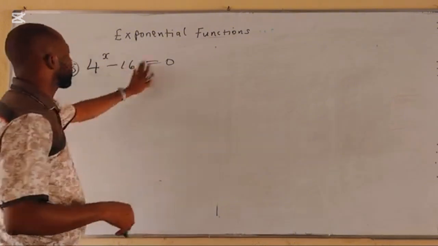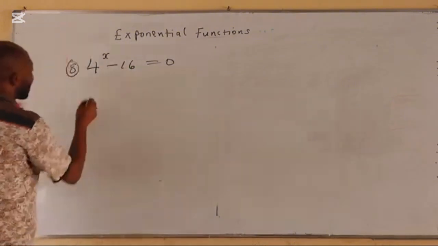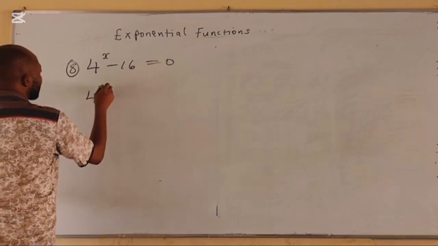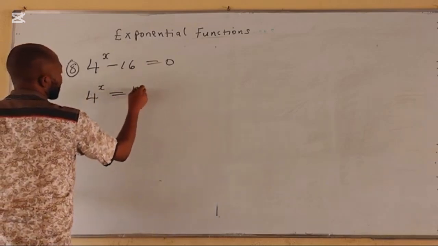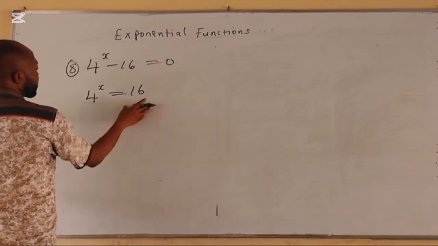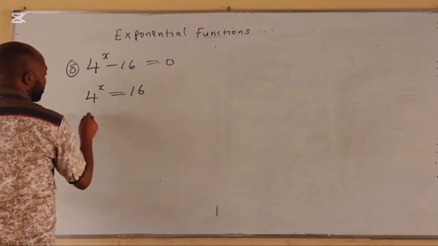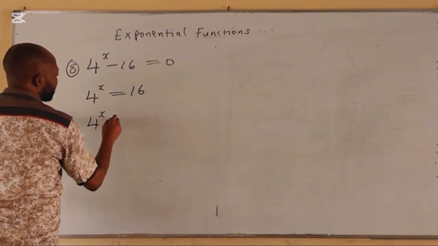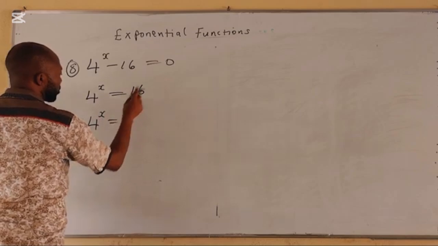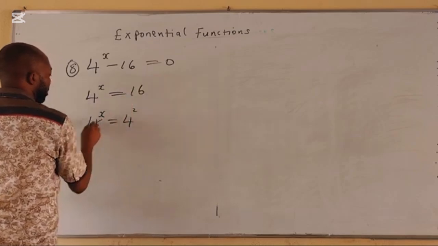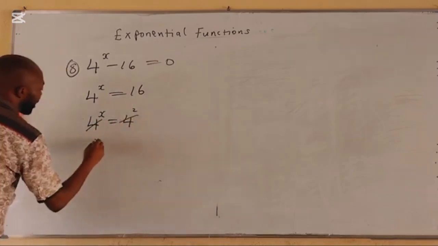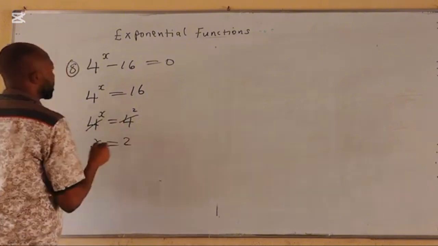It doesn't have x, so it's like collecting like terms. So we have 4 raised to the power x is equal to 16. And they have something in common, 4 exists here. So I have 4 raised to the power x is equal to 4 raised to the power 2, which will give me 16. So I have common base, cancel, my x is equal to 2.